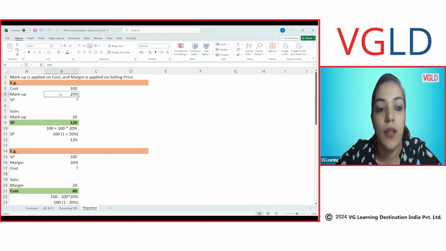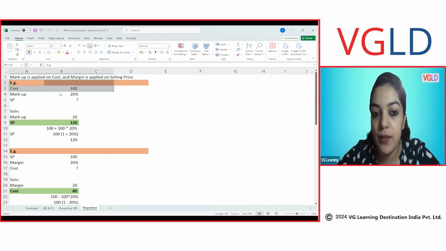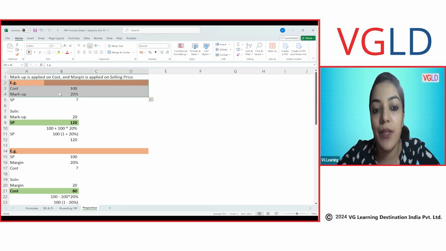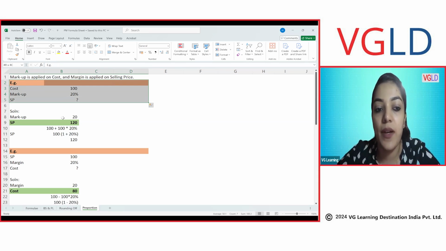Now, example: cost is 100 and markup is given to you as 20%. Can you tell me what the selling price would be?